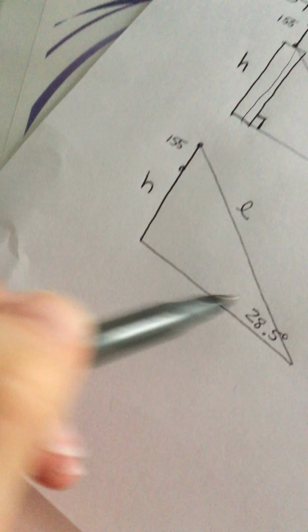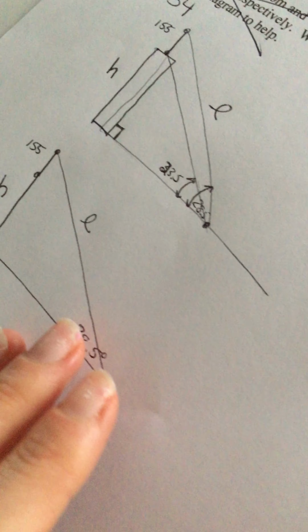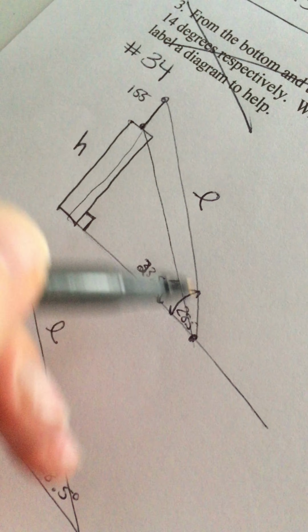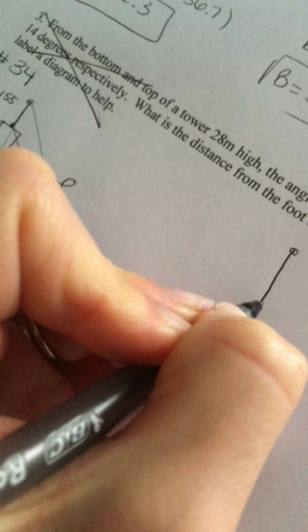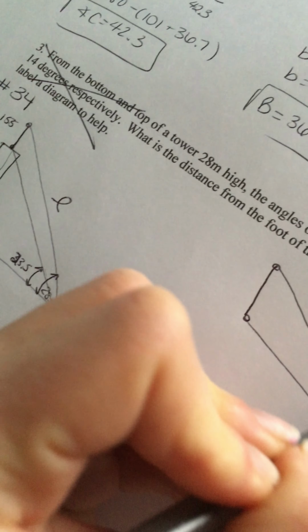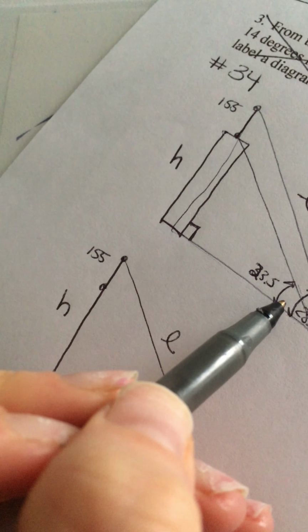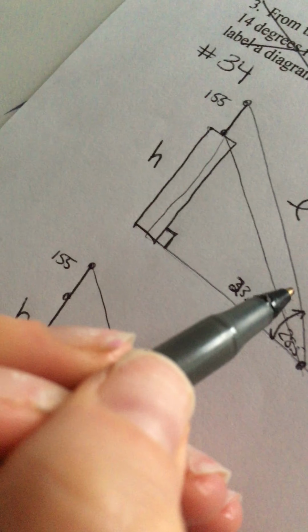This one's going to be helpful. They're all going to be helpful, because we need them for different reasons. Now I'm going to draw this weird looking triangle up top here. This is 155, and this is L. The angle in here is the difference between these two angles.